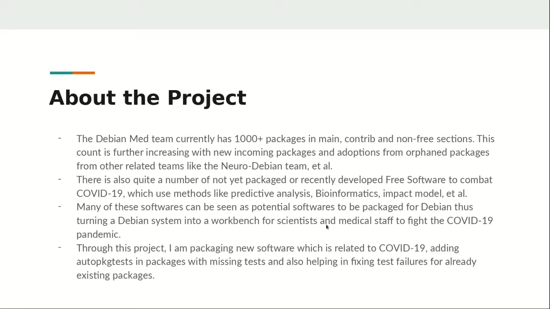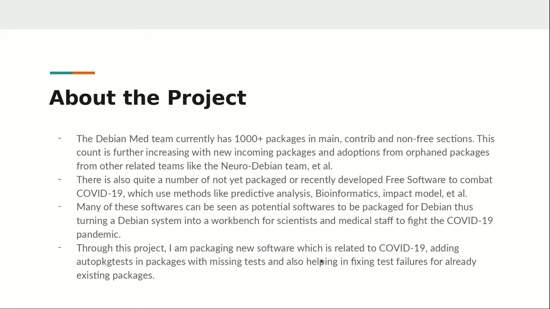There is also quite a number of not yet packaged or recently developed FOSS to combat COVID-19. Many of these softwares can be seen as potential softwares turning Debian into a workbench for researchers, scientists, medical staff, bioinformaticians, etc. to fight the COVID-19 pandemic.